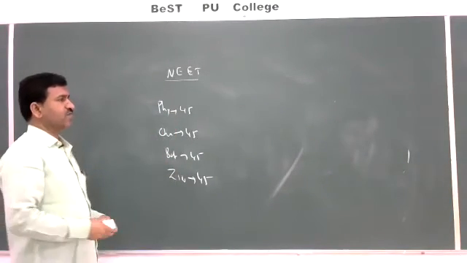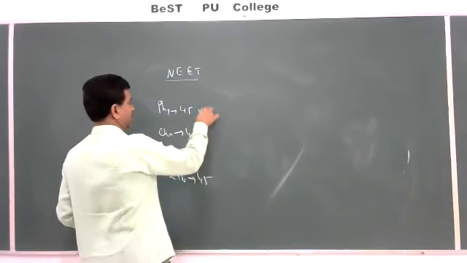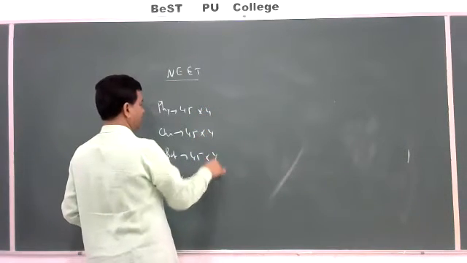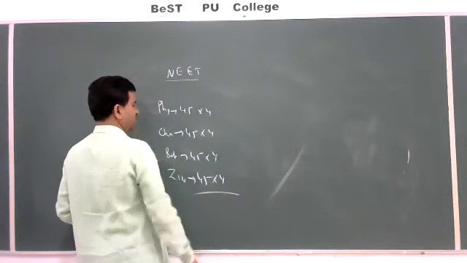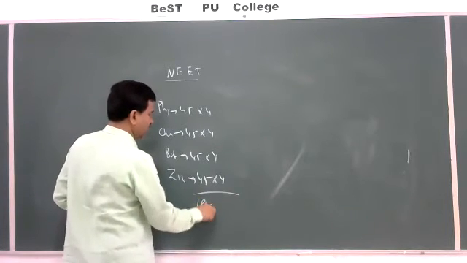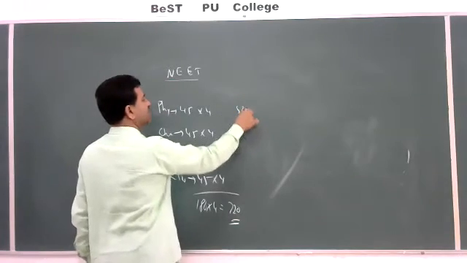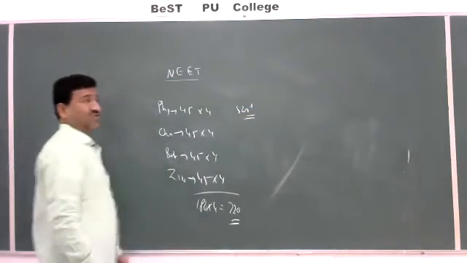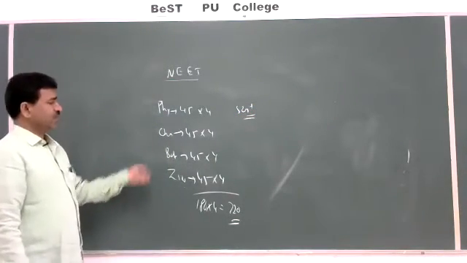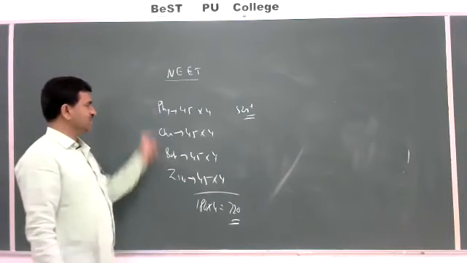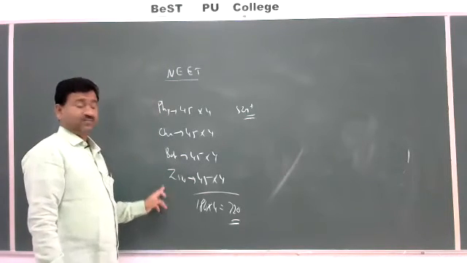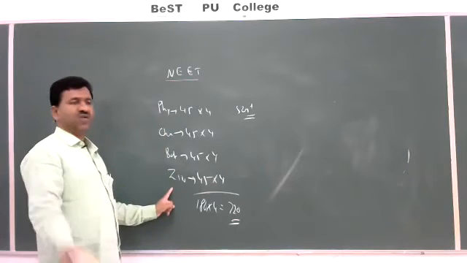So 45 into 4, 45 into 4, 45 into 4, totally 180 into 4, that is a 720 marks exam. 500 plus is a good score. You have to score 500 plus. 180 minutes, 180 questions. That is the difficulty here. So for each question you will have 1 minute.